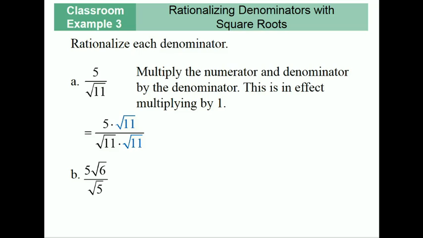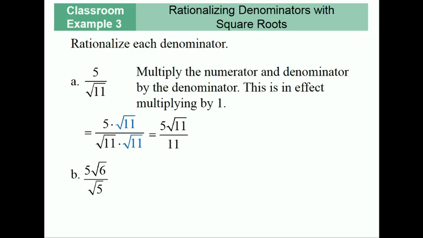So notice we're multiplying the numerator and the denominator both times the square root of 11. So what we're going to end up with in the numerator is 5 square roots of 11, and in the denominator just 11, because the square root of 11 times the square root of 11 is 11, or square root of 11 times the square root of 11 is the square root of 121, which is 11.